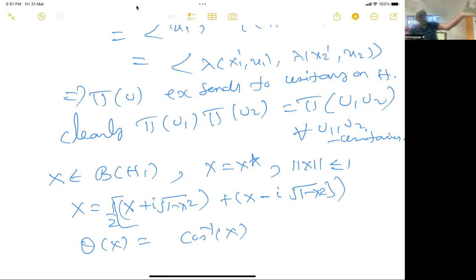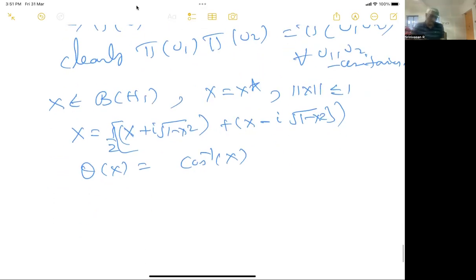The spectrum is contained in minus 1 to 1, so you have the cos inverse function. That function will give you an operator, you can apply it to the operator. So you get this cos inverse. We have done it for unbounded operators, even all these functional calculus. So we have this operator. Then this x is nothing but half of e power i theta plus e power minus i theta. That's all. Same thing.